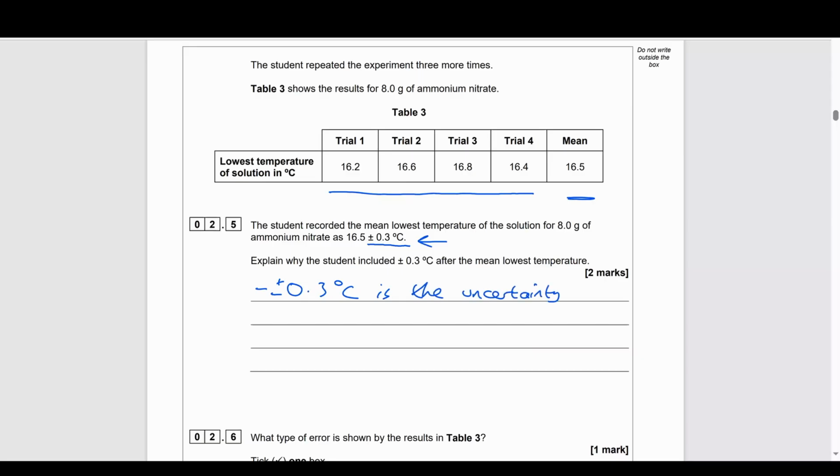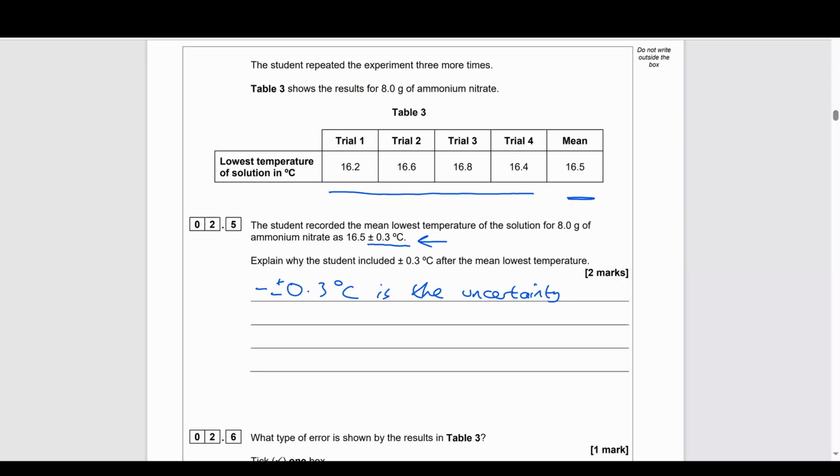Now, where does this uncertainty come from? Well, the uncertainty can come from the apparatus that's used, because remember, the apparatus all have their own measurements. The thermometer, for example, is what's going to be used to measure the temperature.